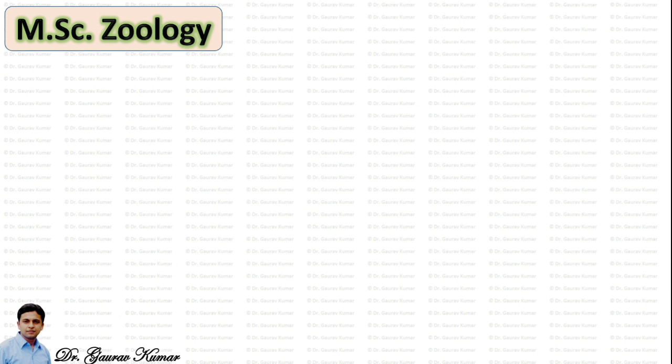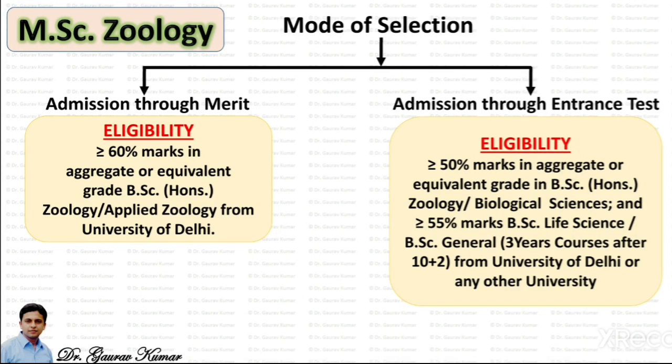Next, we come to MSc Zoology. Here you will see that the mode of selection is again through the merit as well as through the entrance test. The merit is only applied to the BSc honors candidates in zoology or applied zoology, and the eligibility says that they require greater than or equal to 60% marks in aggregate or equivalent grade in BSc honors zoology or applied zoology from University of Delhi.